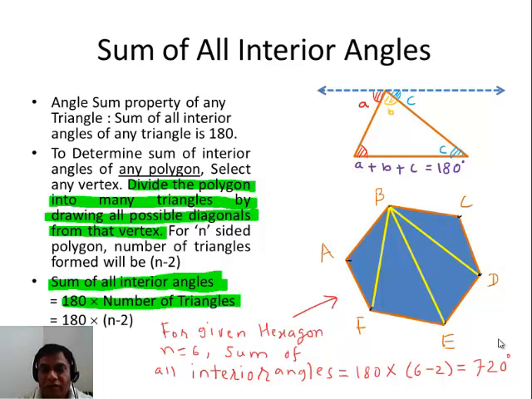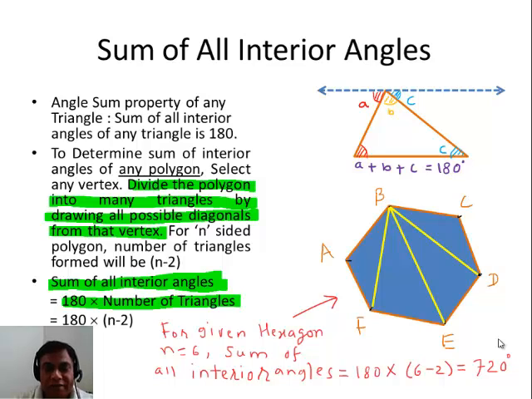For example, you can see a hexagon in the given slide, and VF, BE and BD are the diagonals which are dividing this hexagon into 4 triangles. The sum of all interior angles in one triangle is 180 degrees. Therefore, the sum of all interior angles in that hexagon is 180 multiplied by 4 triangles.